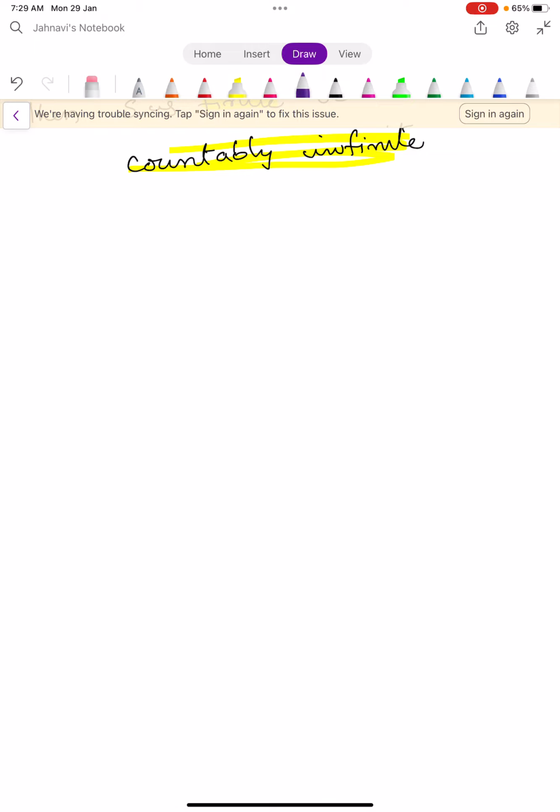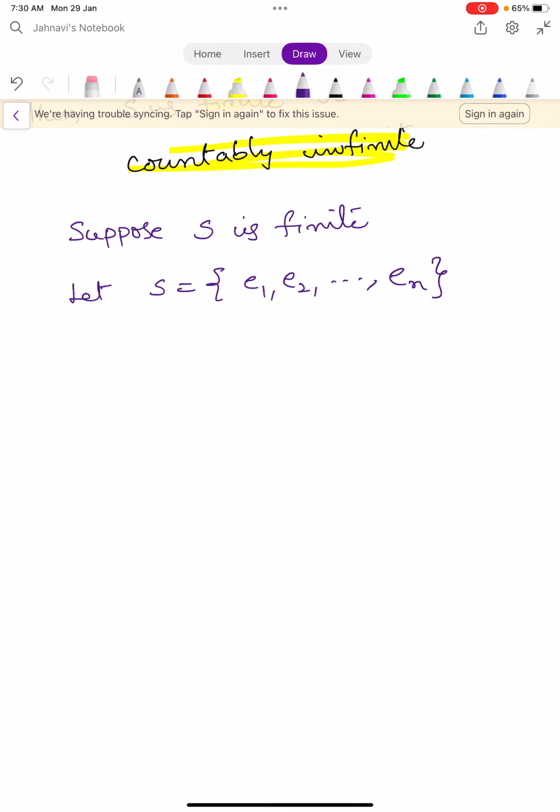Suppose S is finite. Finite means it consists of only a limited number of elements. So let us take S equal to {e_1, e_2, and so on, e_n}, having small n number of elements. Now define summation of inner product of x comma e_i into e_i as summation over i equal to 1 to n of inner product of x comma e_i into e_i.